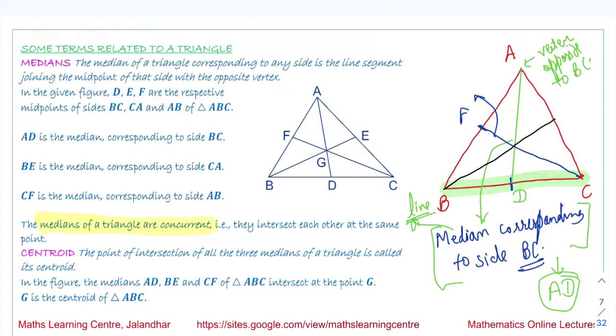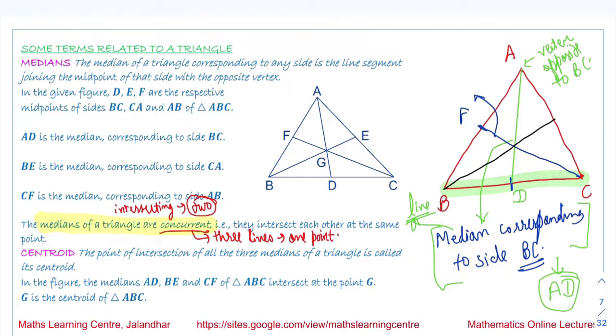Now it is a property of the triangle that the medians are concurrent. Concurrent, we know, one definition we have done, was intersecting lines: when two lines are there and they meet at a point, they are called intersecting. Concurrent means that three lines are there and they are meeting at one point.